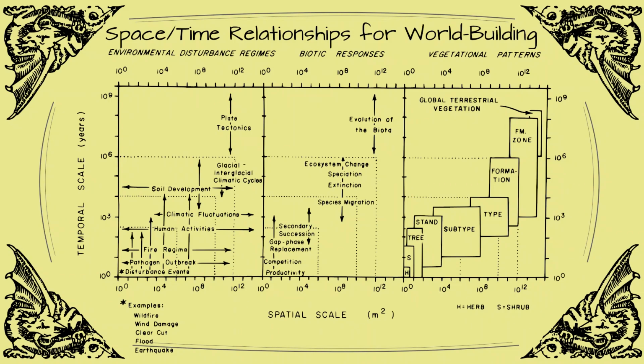And then we'll look at the middle, where we're seeing the biotic responses, and on the right-hand side, we're looking at changes in vegetation. We're down at the lowest level looking at herbaceous plants and changes in shrubbery and that sort of thing. A little higher up on the spatial and temporal scales, we see trees or whole stands of trees, changes in subtype and type of tree, overall formation and compositions of the forests themselves.